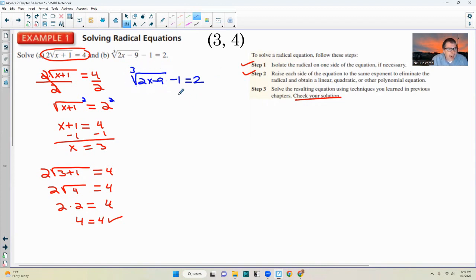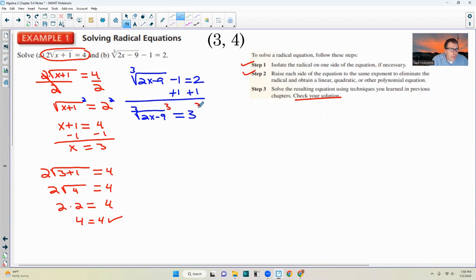So I need to add 1 to get rid of that 1 that's not in the radical. And when I do that, I get the cube root of 2x minus 9, negative 1 plus 1 is 0, equals 2 plus 1, which is 3. In order to get rid of the radical, you have to take the power of the index to cancel it.